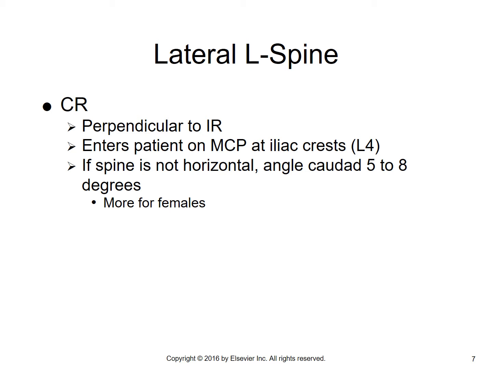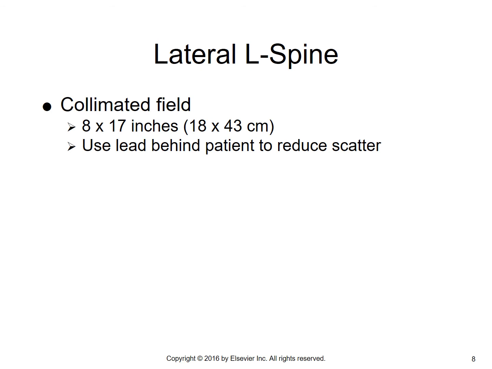If the spine is not horizontal, if you did not put a sponge, you're going to have to angle caudally 5 to 8 degrees, more so for females because of the broader hips. Your collimated field remains at 8 by 17, and oftentimes you're going to see the tech put a lead strip behind the patient.